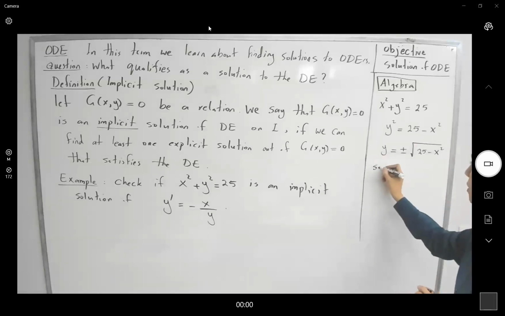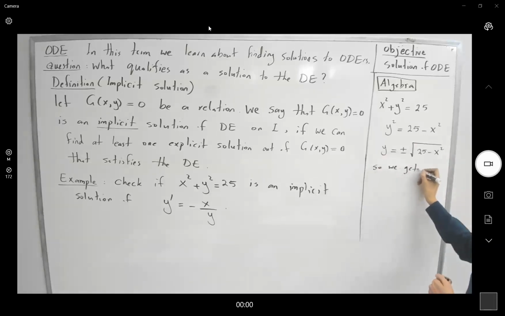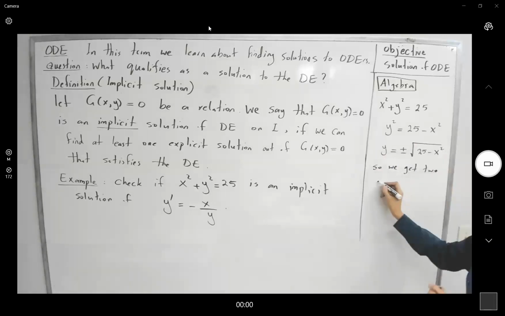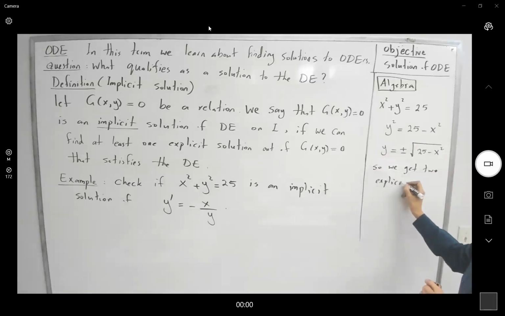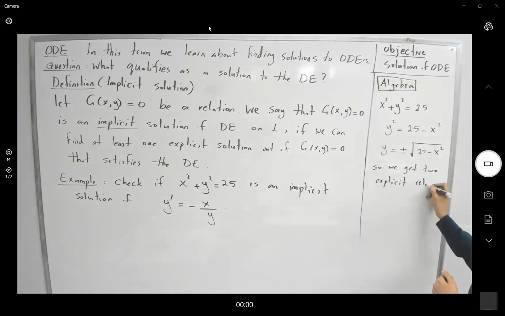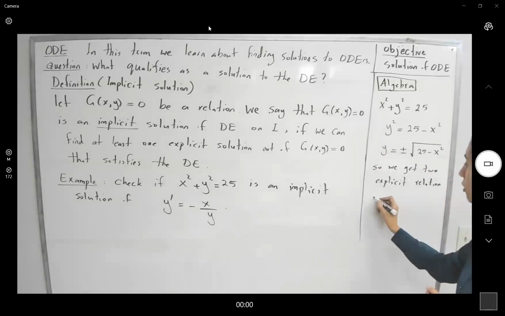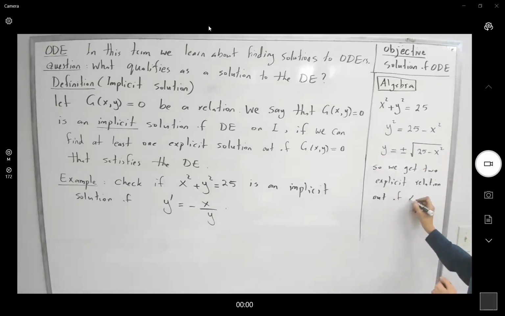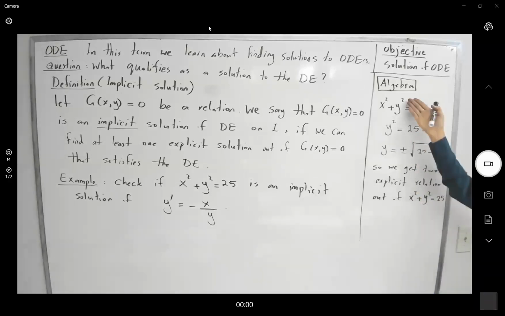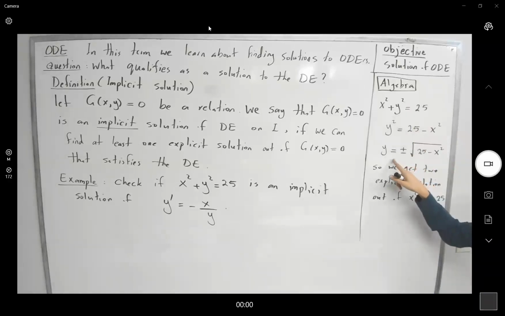So we get 2 explicit relation or function out of x squared plus y squared equals to 25. Okay, very well. So it's this guy that gives us these two explicit solutions.